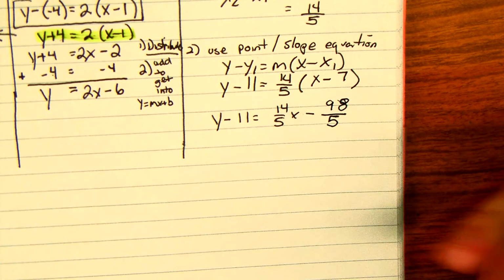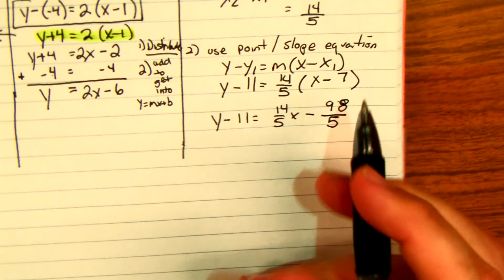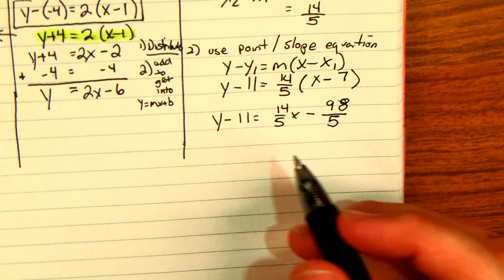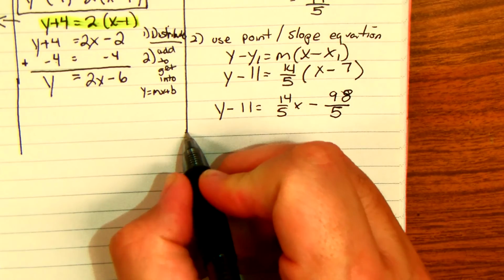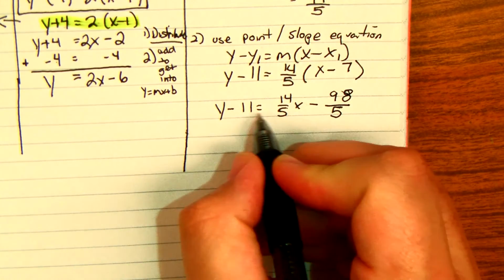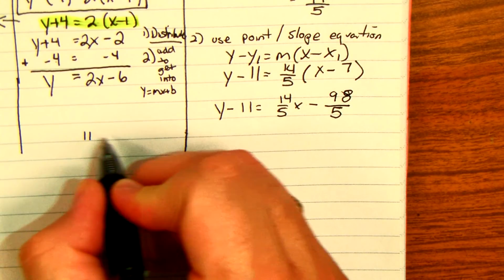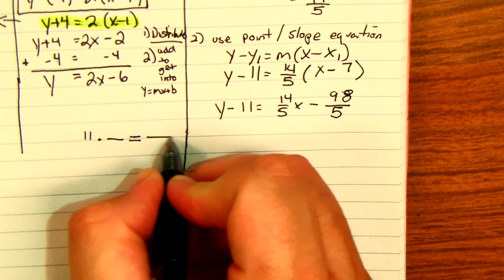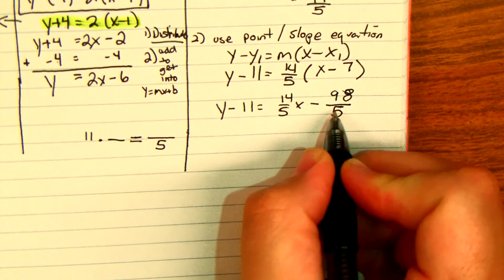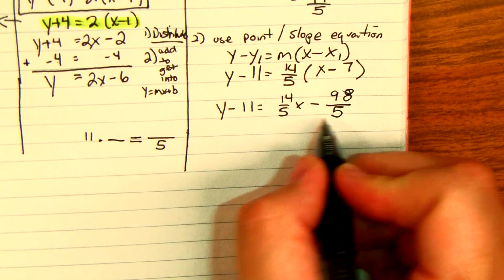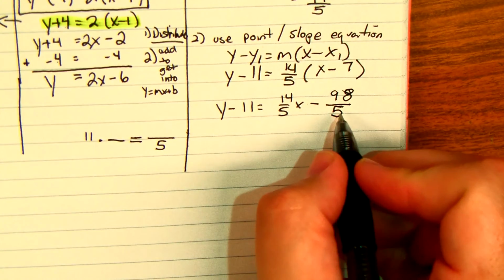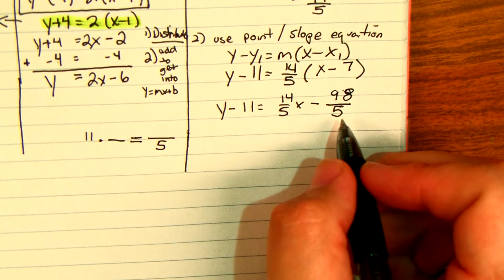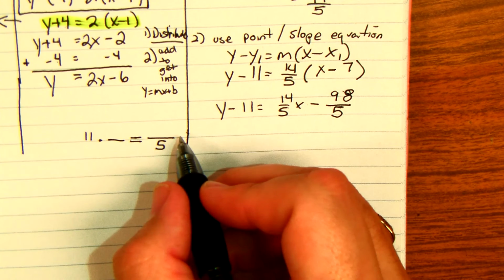Now, without using a calculator here, because we don't need a calculator because these numbers aren't that big, I need to take 11 times something that's going to make this over 5. Because when I add 11 to both sides, I'm going to have to add it to something that's in fifths. So I'm going to have to convert it to fifths. What do I multiply 11 by to convert it to fifths?